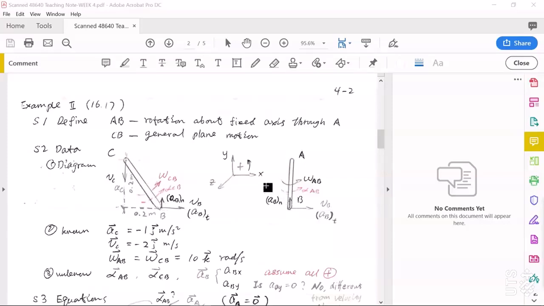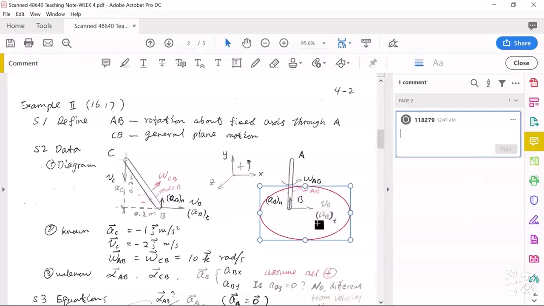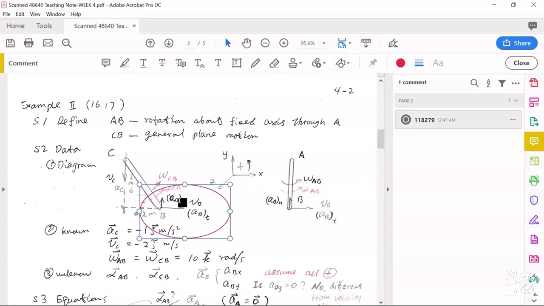So that means we can copy everything from here to here. aBn, vertical upward. aBt, vB, these two, horizontal to the right side.